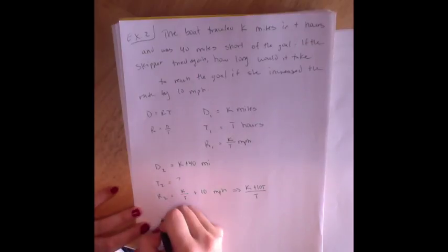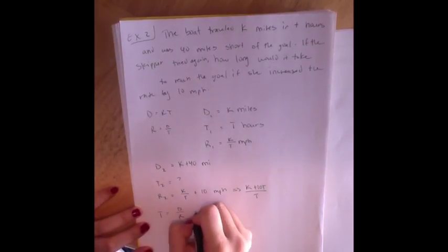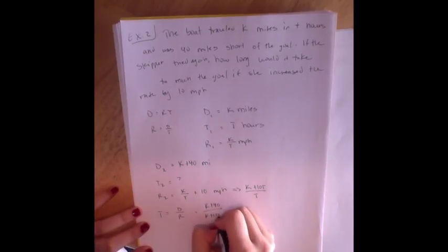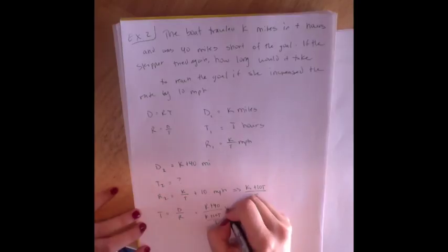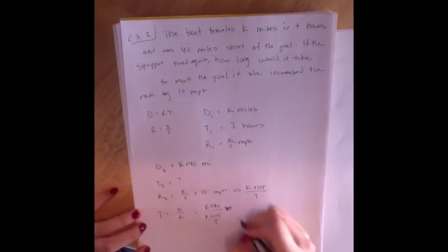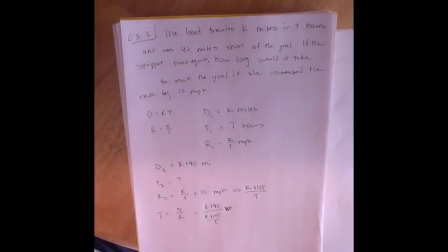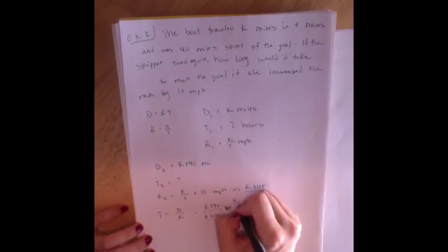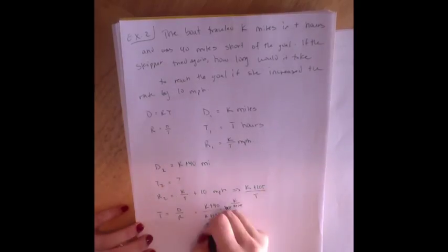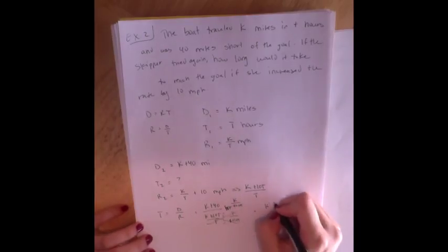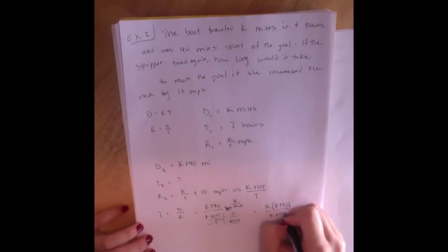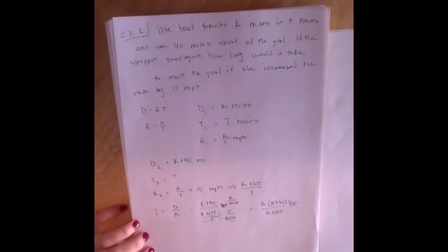Now I know that time is distance over rate. So I will have k plus 40 over k plus 10t over t. I know this is in hours. I have a fraction in my denominator, so I'm going to multiply by the reciprocal, t over k plus 10t, on top and bottom.